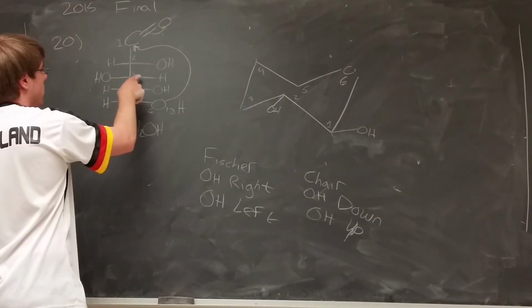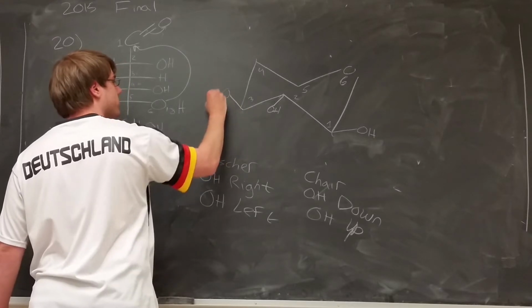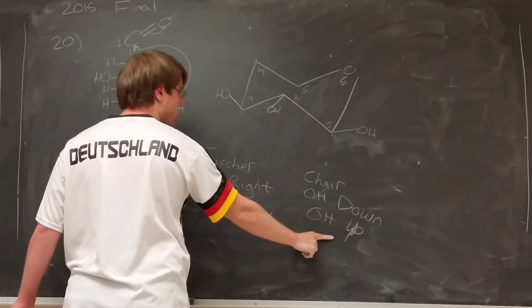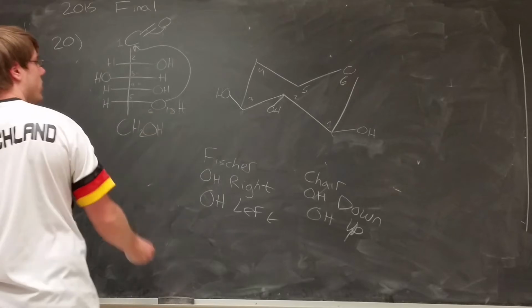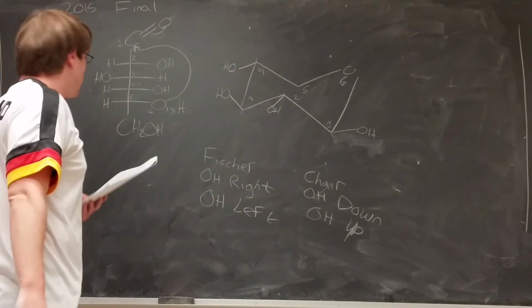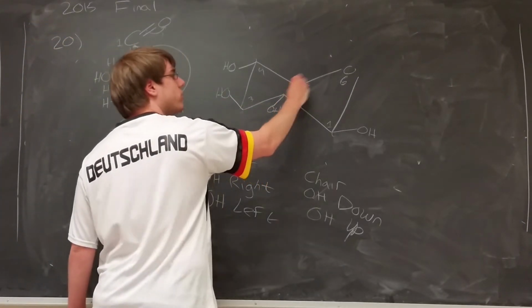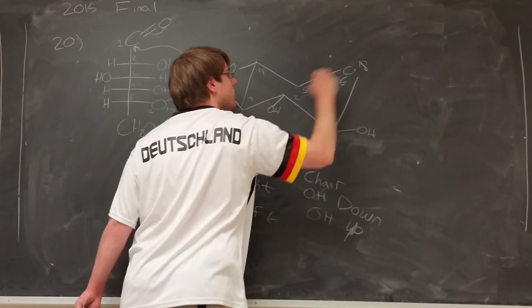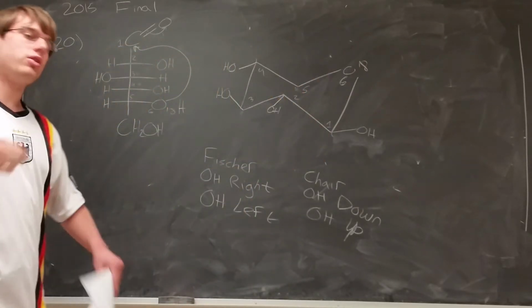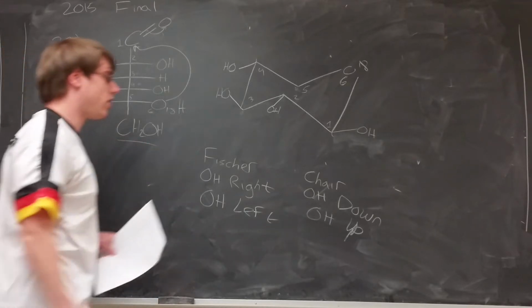Now carbon 3 has an OH on the left, and that means the OH should point up in the chair conformation. Carbon 4 has an OH on the right, which means that OH will also point down. And finally, carbon 5's OH is in the ring right now, that's our O18. So for carbon 5, your penultimate carbon, you have that other rule because it's the CH2OH that comes off of that.